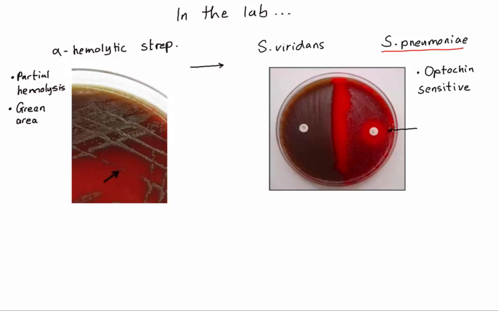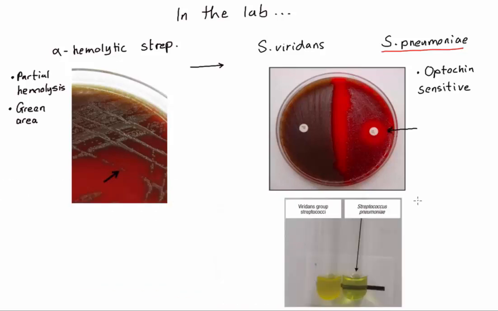Now the second test to differentiate between these 2 is the bile test. So strep pneumonia is sensitive to bile. Basically bile dissolves it, whereas strep viridans is resistant. The way you do this test is you mix bacteria into a suspension, into a fluid, in a test tube, as you can see, and the tube becomes cloudy, like the tube on the left, and then you add bile to it.